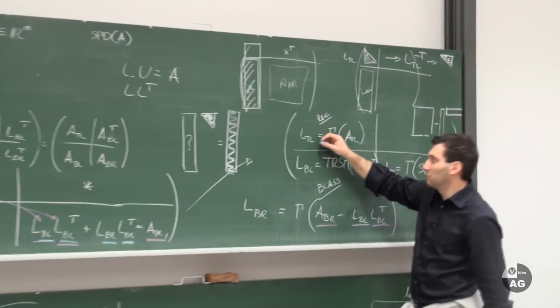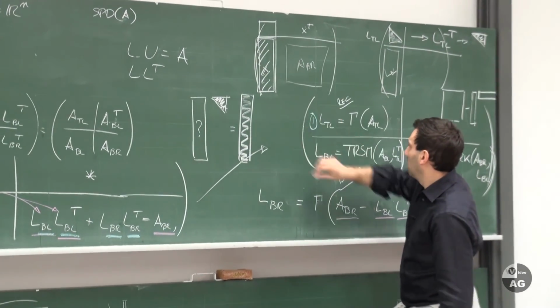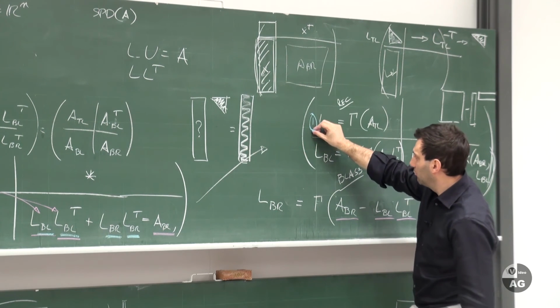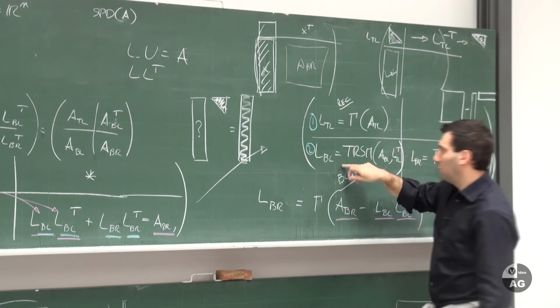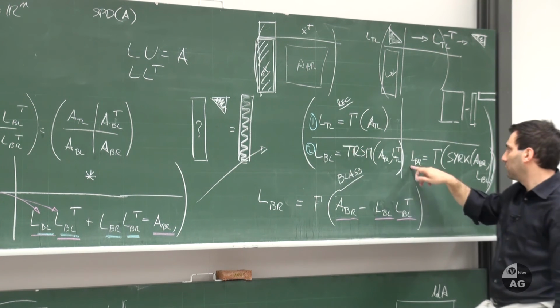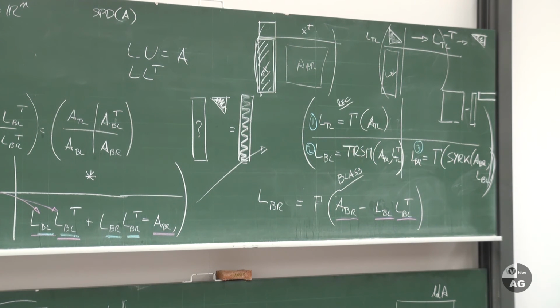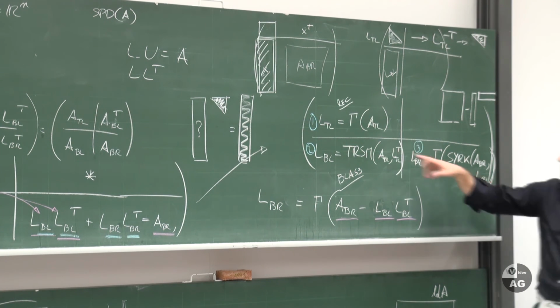So first I have to compute the top left quadrant. At that point I can compute the bottom left quadrant, and at that point I can compute the bottom right quadrant. And you see that this is all BLAS except for the recursive calls. Recursive and recursive.